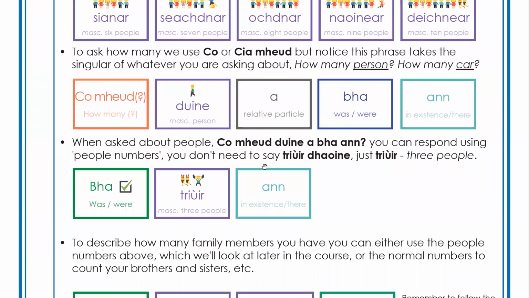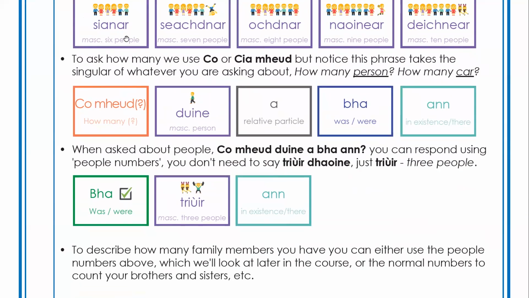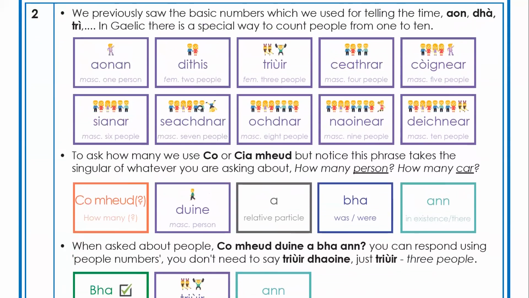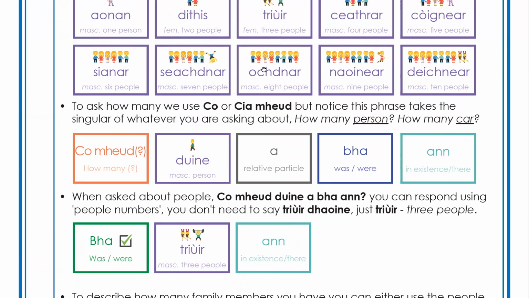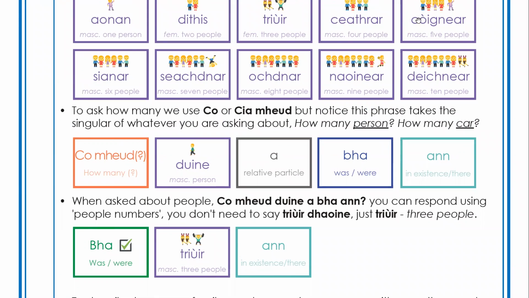To answer this question, we can use the personal numerals for people. Va Trúr Aun. There were 3 people there. You can use these with nouns. We'll look at that later. All of these take a genitive plural form.